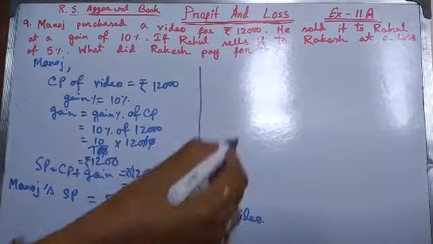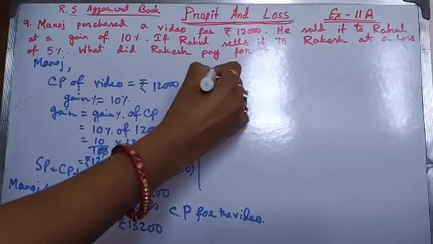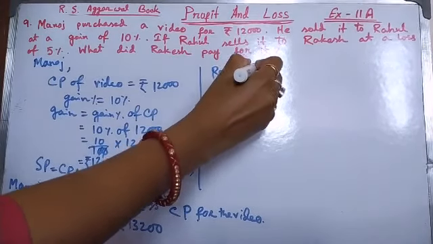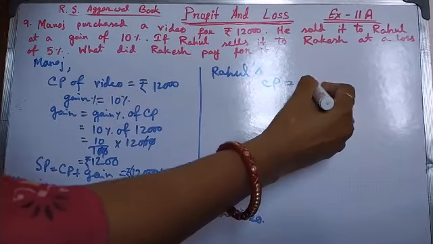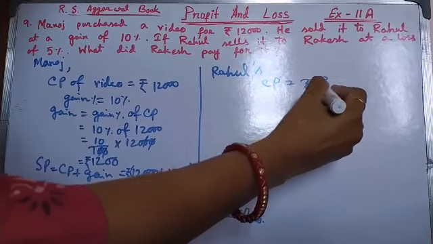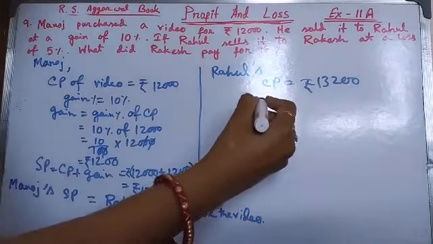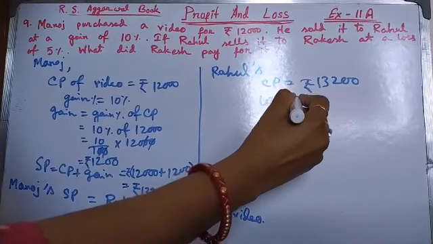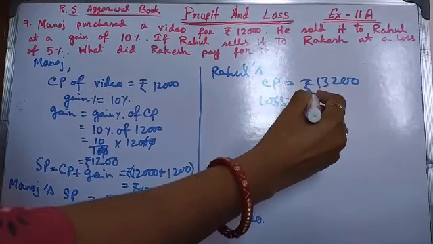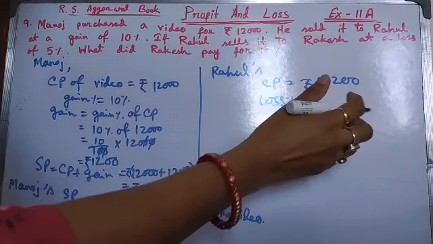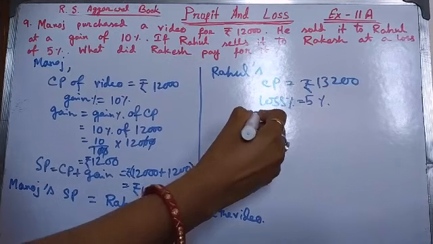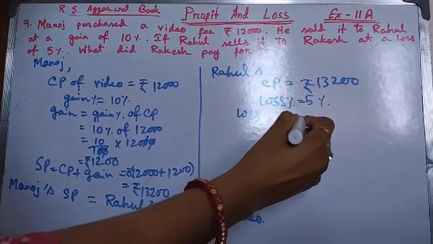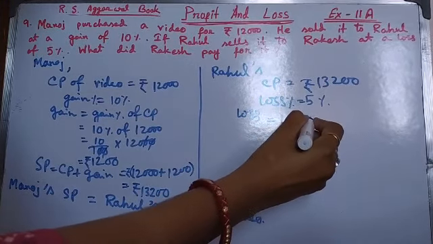Now this side I will use. So for Rahul, CP equal to rupees 13,200. Here a loss happened, that means the loss percent is 5%. Then we have to find out the loss. That formula should be written at first.